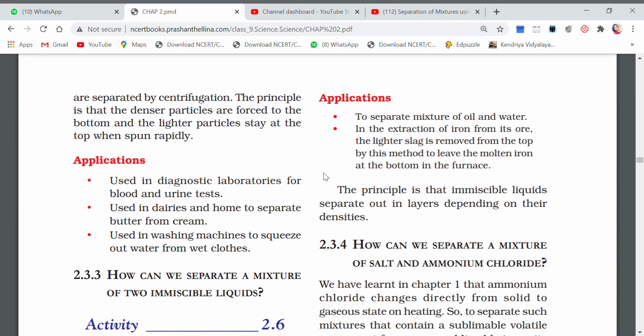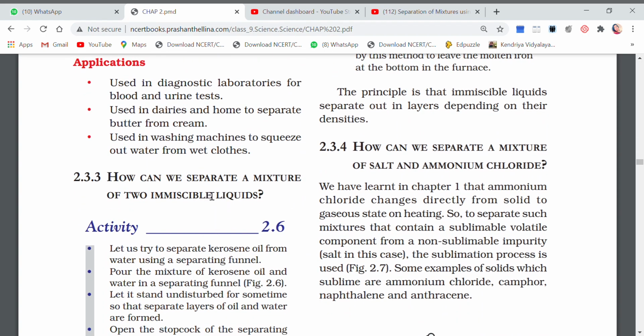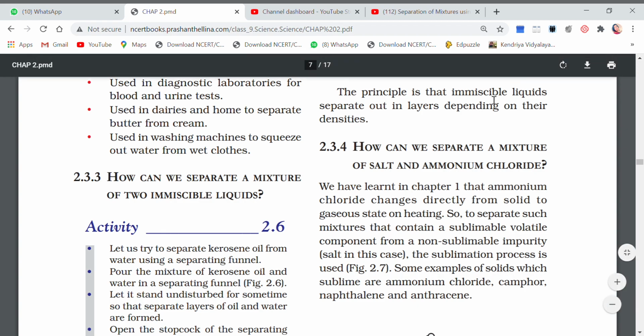Then children, last and the most important part, the principle. What is the principle on which the separating funnel is working? The principle is density. That means the denser liquid will be at the bottom, and the lighter liquid will be at the top.